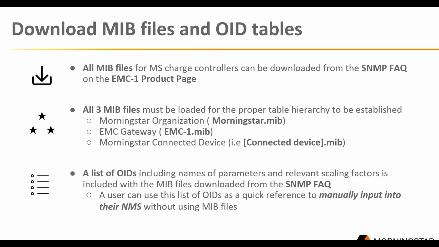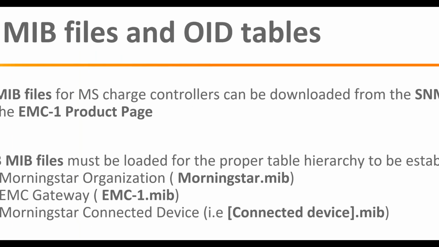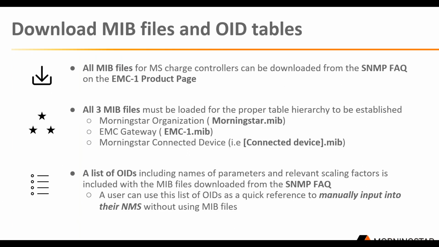Again, if you're uploading them all simultaneously, that's fine. It should be able to resolve as long as you have the Morningstar generic MIB and the EMC gateway MIB. And then again, don't forget about the OID tables. You'll see that in the zip folder as well.